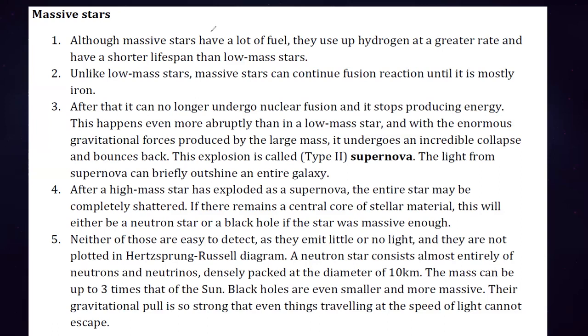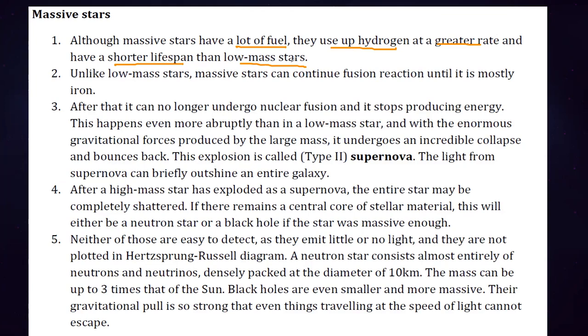So what happens? They have a lot of fuel and they use up hydrogen at a greater rate because the temperature is high. For a high mass star, in the protostar, the temperature is much higher than in a low mass star. So hydrogen fusion happens very fast, and as a result, they have a shorter lifespan than a low mass star.